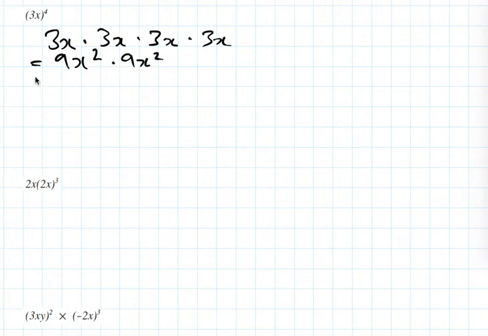It's much quicker than writing times, and it doesn't get confused between this x and multiplication. Carrying on further, 9 times 9 is 81, 81x, and then you add the 2 from each x together. So 2 plus 2 would be 4. So the answer is 81x to the power of 4.